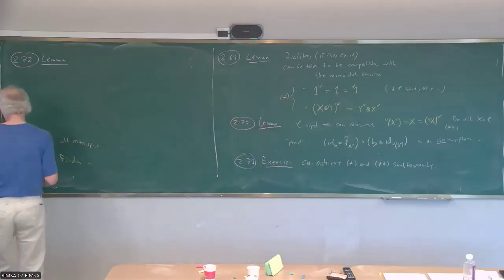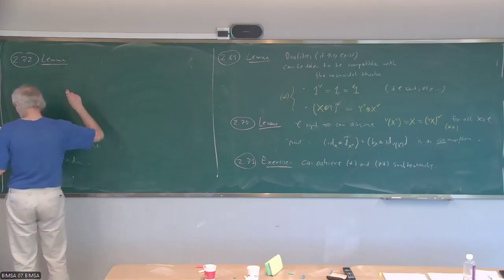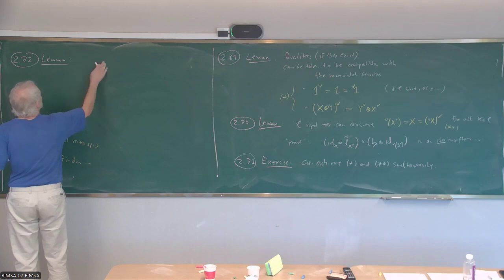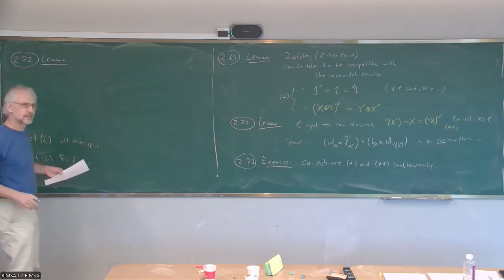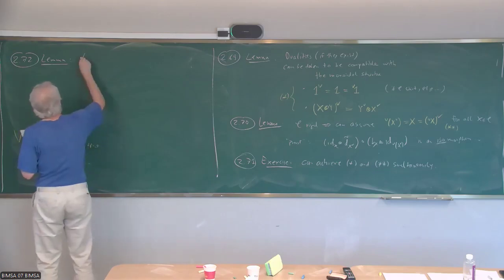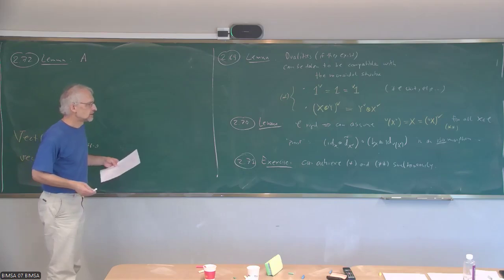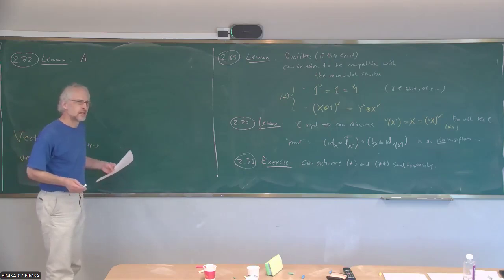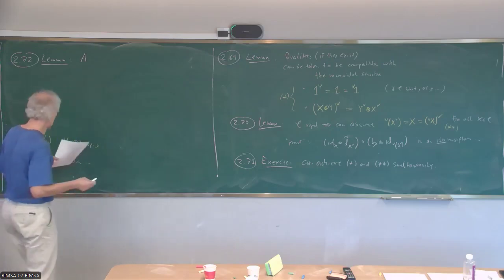So the lemma says that, well, let me directly announce that I will have a remark on the statement, because it's sometimes interpreted in a somewhat inappropriate way, including by myself.